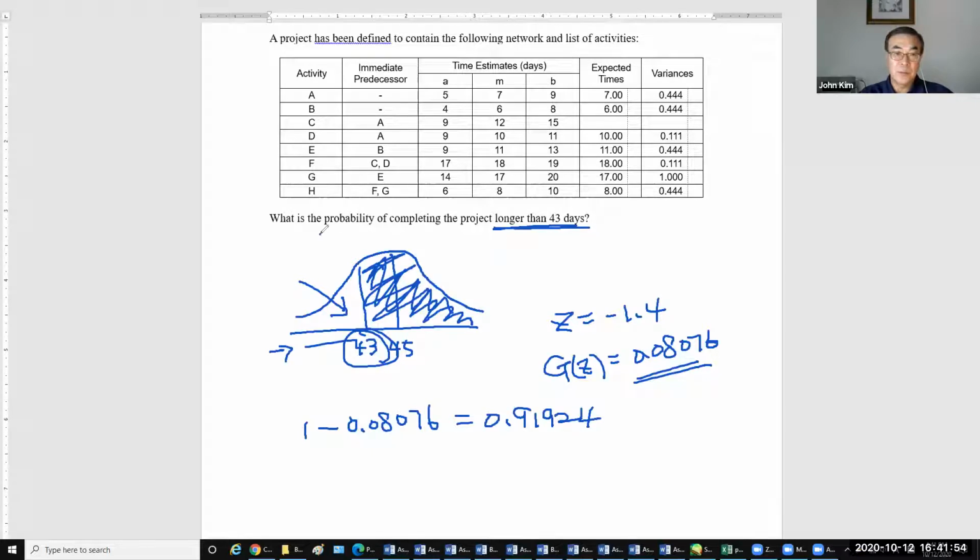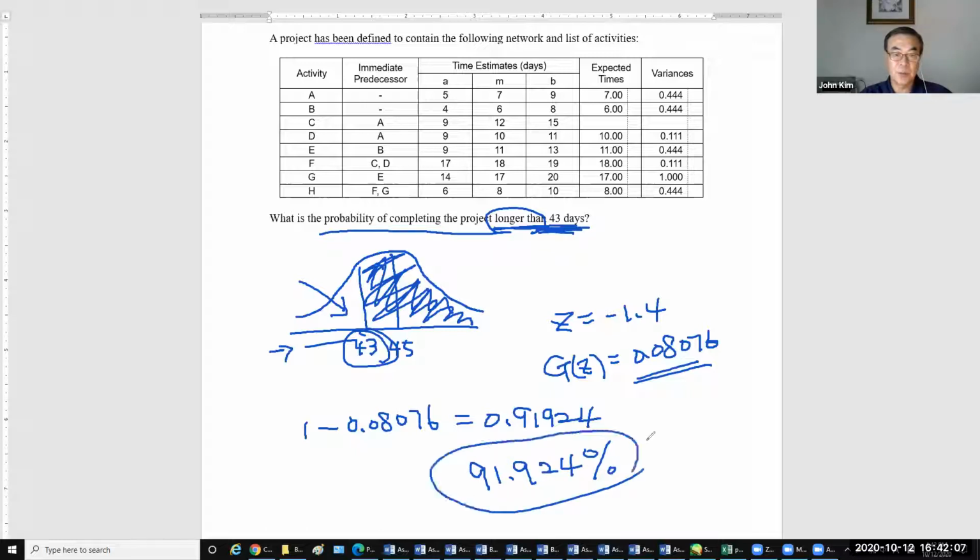So the probability of completing the project longer than 43 will be 91.924%. So that will be the answer.